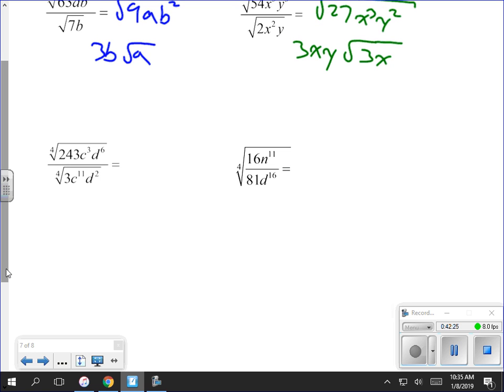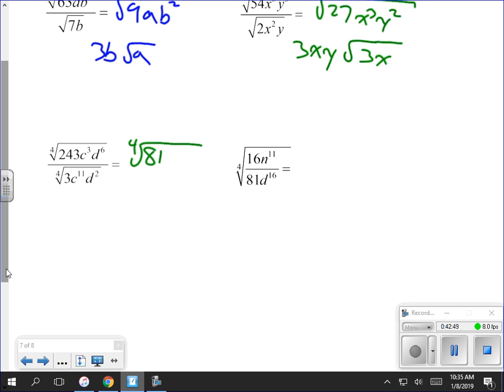Okay, a little more complicated here. What I would do is I would divide it out first. 243 divided by 3 is 81. So I have the fourth root of 81. Now the c's are a little bit more difficult because the one in the numerator is smaller than the one in the denominator.